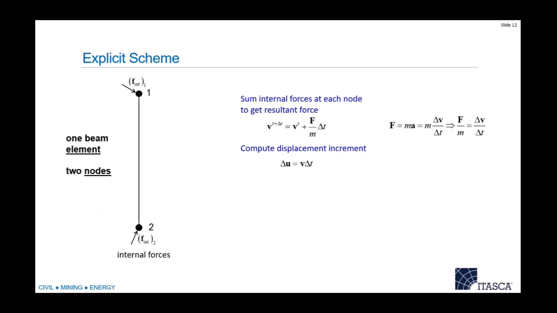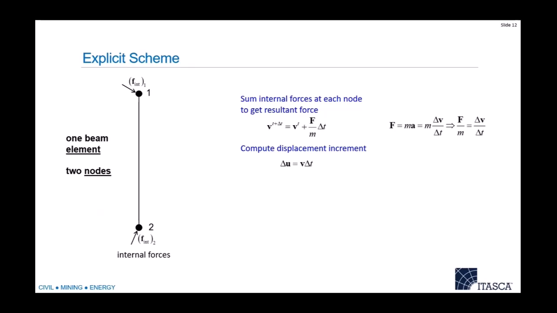We can compute displacement at each increment, which is simply the velocity, which is calculated in the scheme, times the time step. And remember, these time steps are exactly the same as the time step that Andre talked about yesterday when he introduced it for the zones.